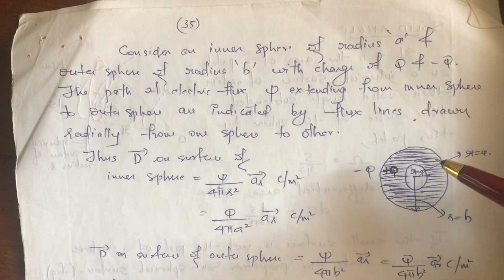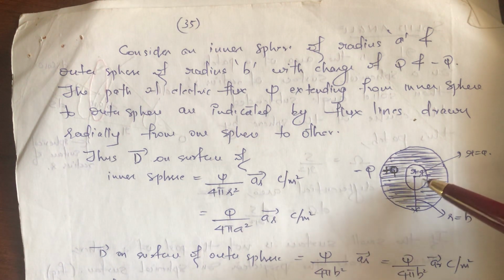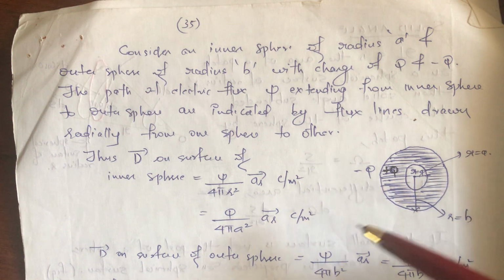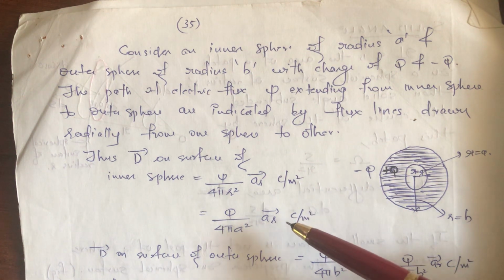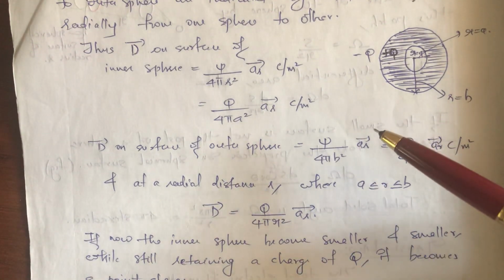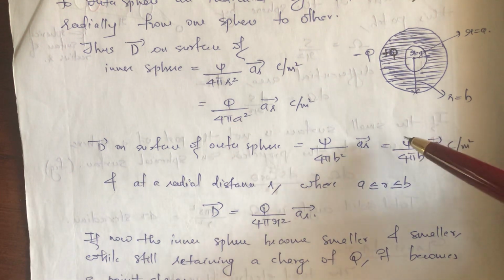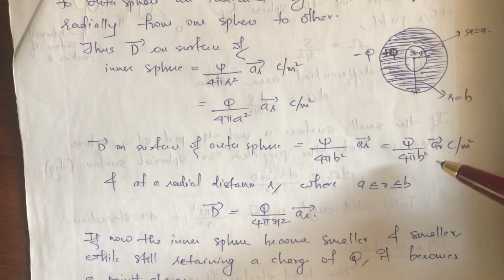The area of a spherical conductor is 4 pi r square. So psi by 4 pi a square, with psi equal to Q, gives Q by 4 pi a square. D on the surface of the outer sphere is psi by 4 pi b square into vector a_r, that is, Q by 4 pi b square into vector a_r coulomb per meter square.